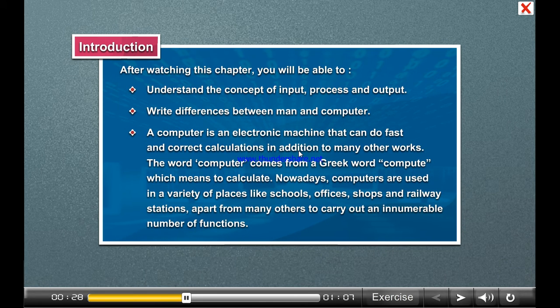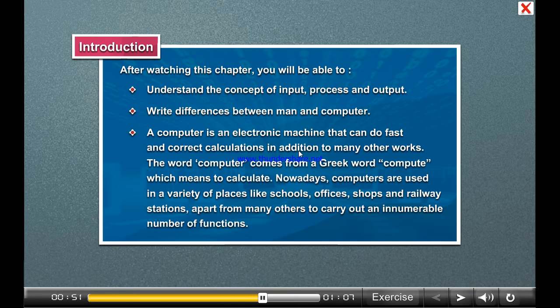Children, you know that a computer is an electronic machine that can do fast and correct calculations in addition to many other works. The word computer comes from a Greek word, compute, which means to calculate.